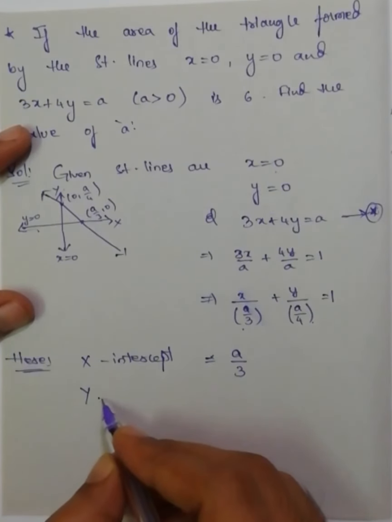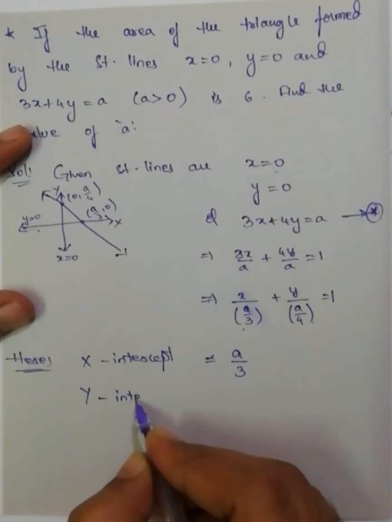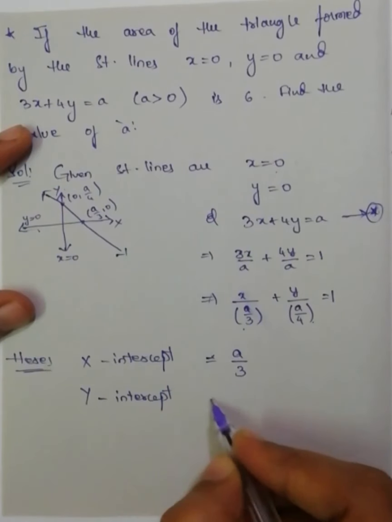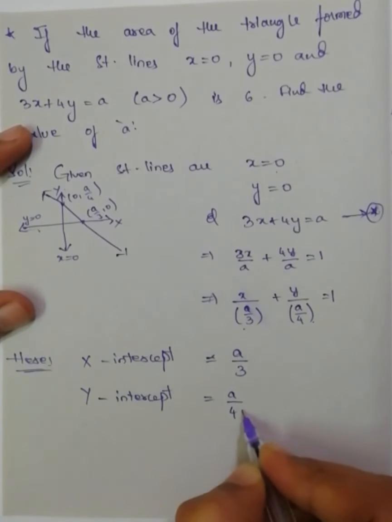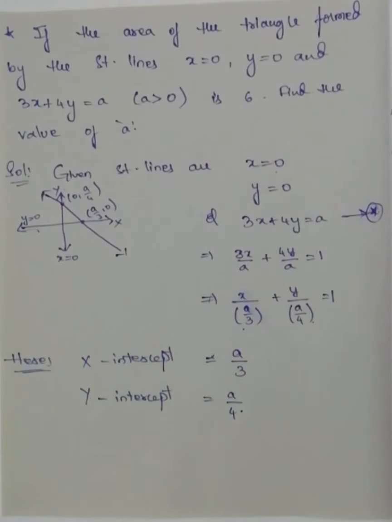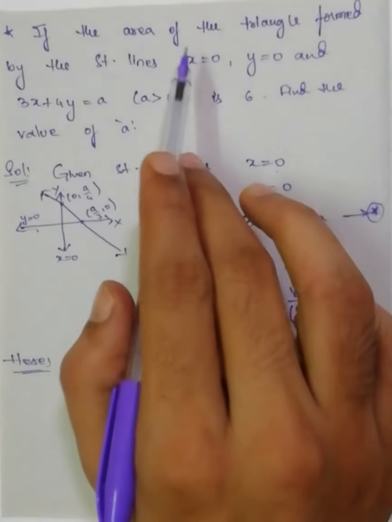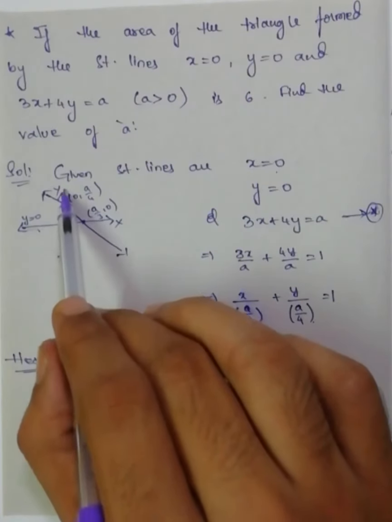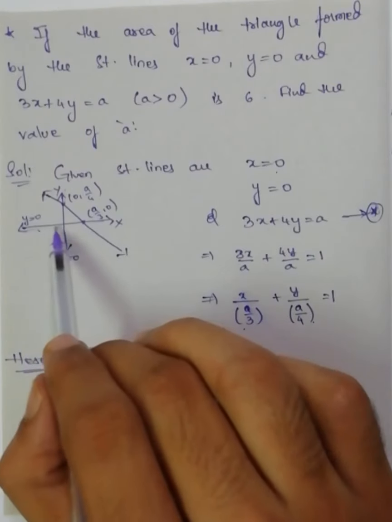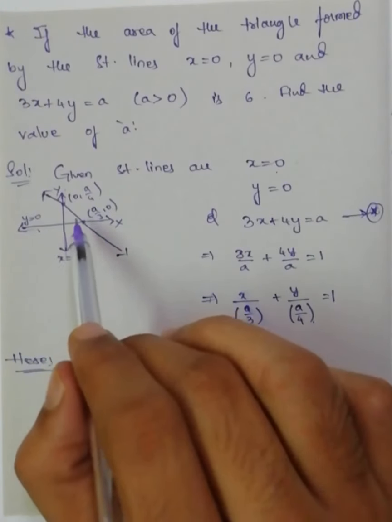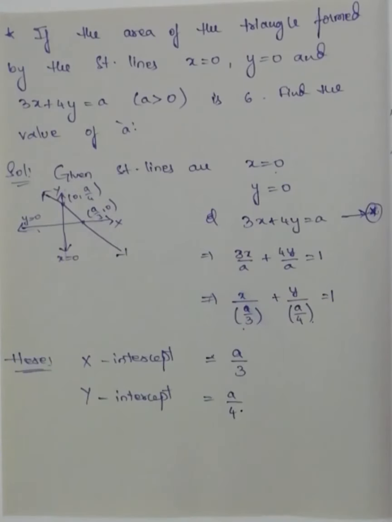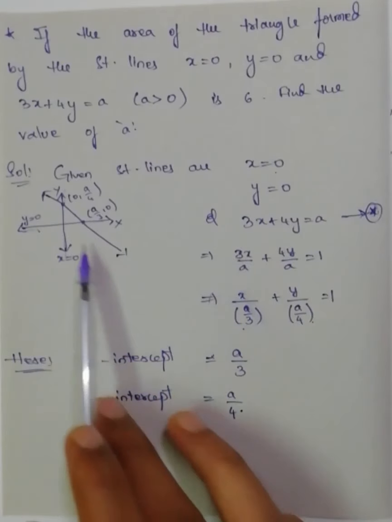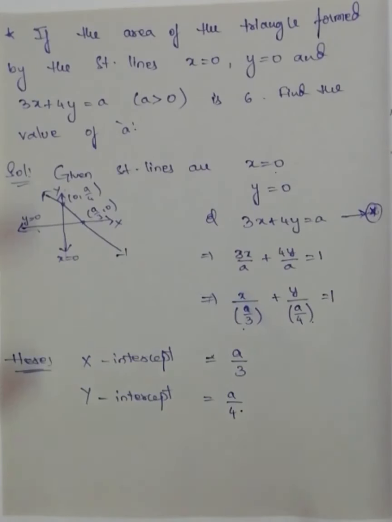Y-intercept is equal to a by 4. What we have to find? We have to find the area of a triangle formed by x is equal to 0, y is equal to 0 and the straight line. Means we have to find the area of a triangle formed by this straight line and the coordinate axis.